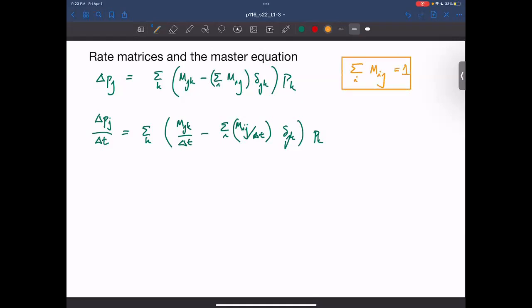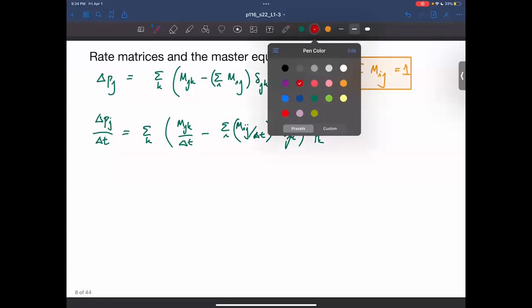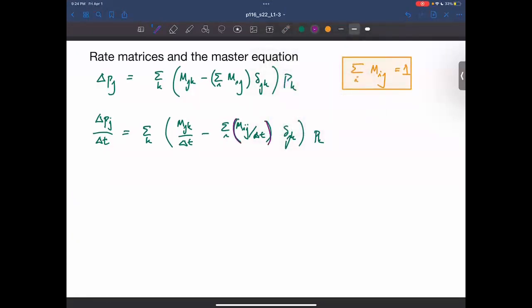We didn't enforce it here because it would be better not to, not yet, because when we get to this step, these terms we're going to write down as a rate. So write down W_JK is equal to M_JK over delta T.